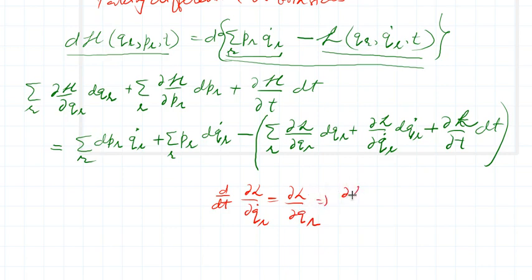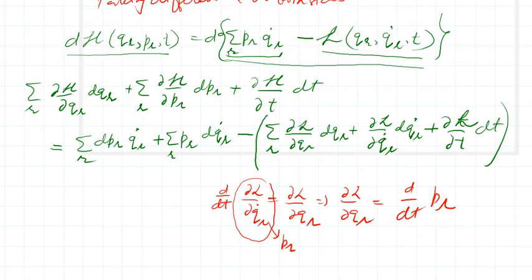So curly L over curly QR dot is PR, which is what we know from the earlier lectures, in the first lecture of this section, because this is the conjugate momentum.